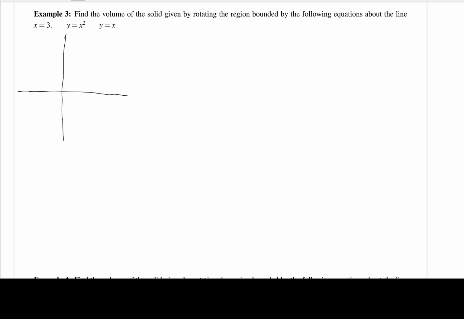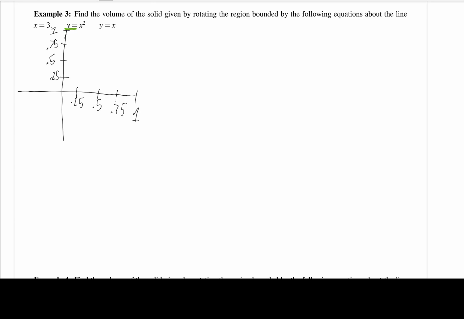So here, just like on the last video, I'm going to over-accentuate and go by 0.25 instead of 1 like we normally do. And remember, that's so that we can get a good view of what's going on in this region and where the gap is that we're rotating.